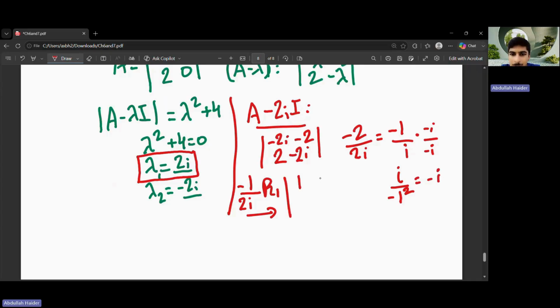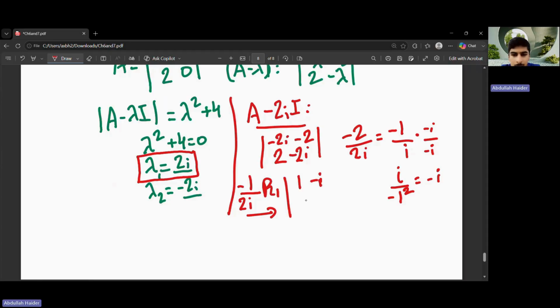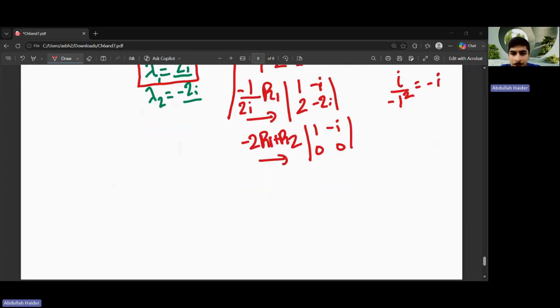So here you get 1, minus i, and 2, minus 2i. If you do minus 2R1 plus R2, then you'll get 1, minus i, 0, 0. So you're basically left with this.